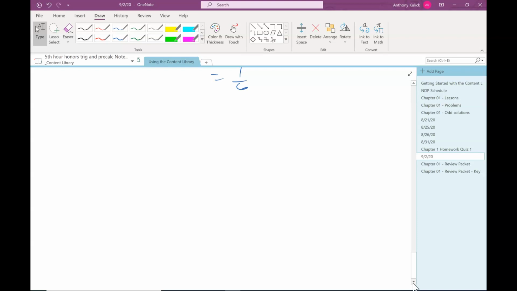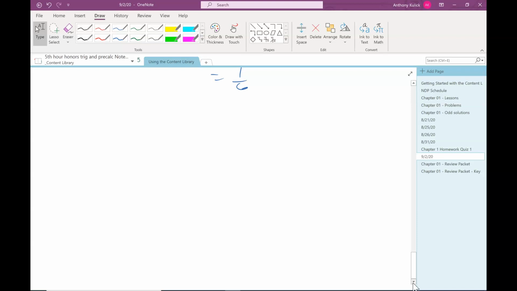It names the file with whatever name you have for PowerSchool, and then the date, and I think even maybe the time it was submitted. So don't worry if you didn't write your name on it.